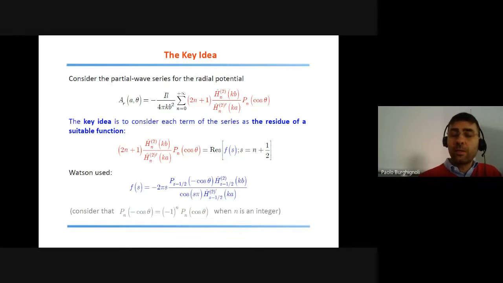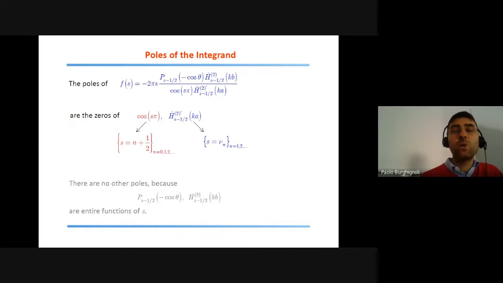Now, why treat these partial waves as residues of a holomorphic function, of a complex function? Well, because now we can study this function, in particular its singularities, and its singularities are poles, and poles of two kinds. The first family of poles comes from the cosine in the denominator, and those are exactly the poles that correspond to the partial waves in the partial wave series.